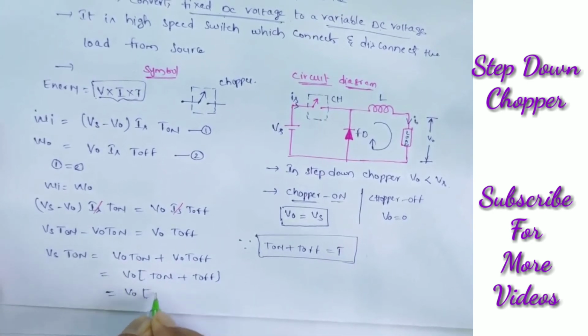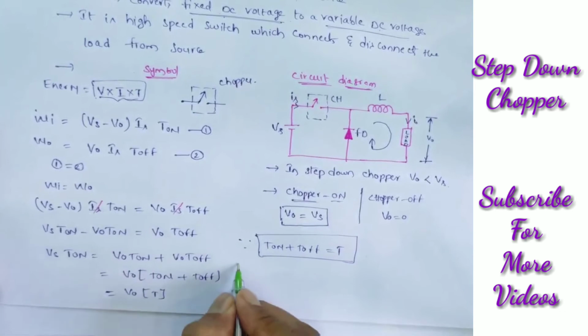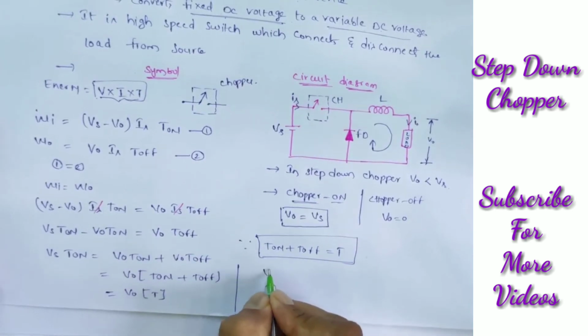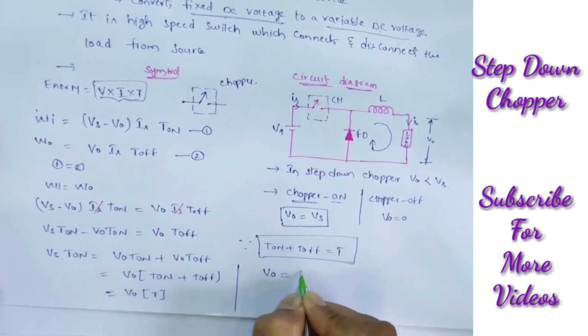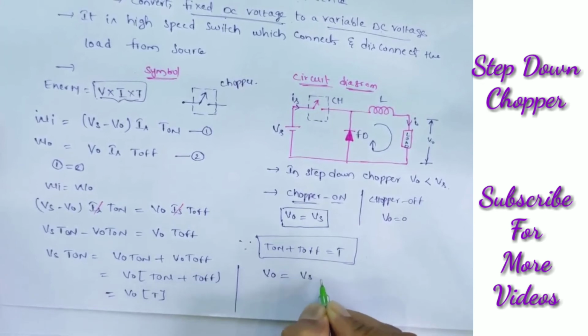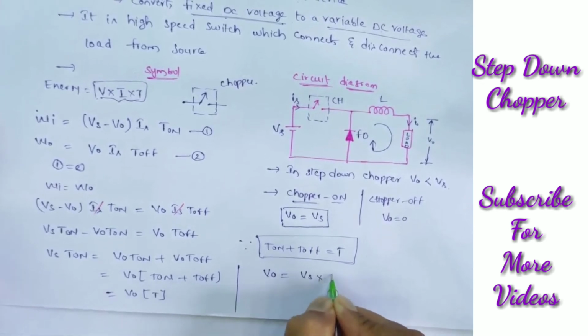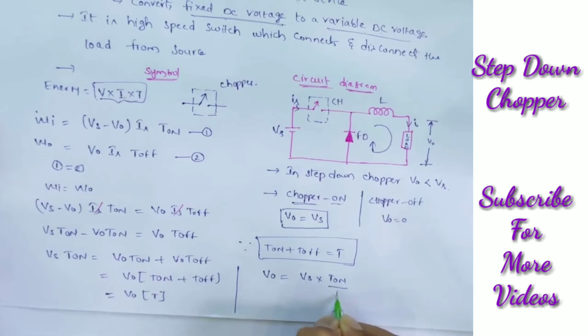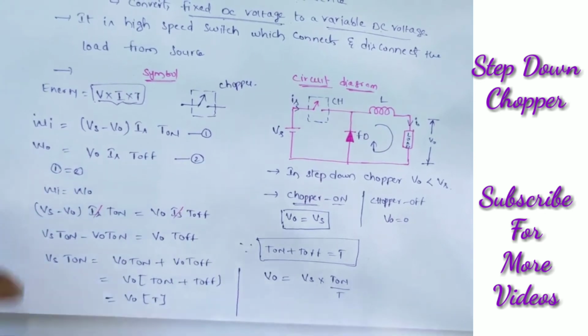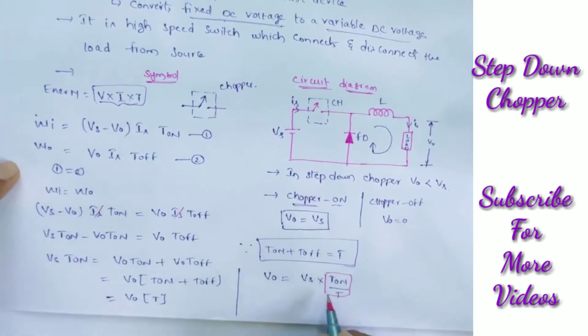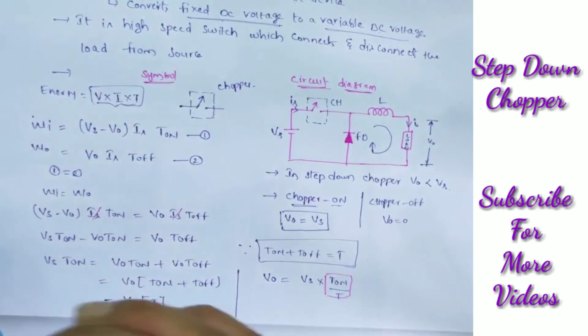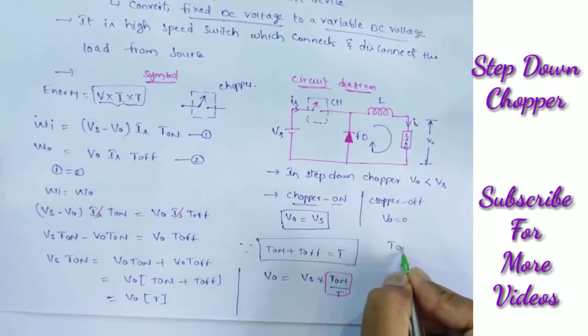So V0 into T. Then V0 equals Vs into T on by T, where T on by T equals the duty cycle.